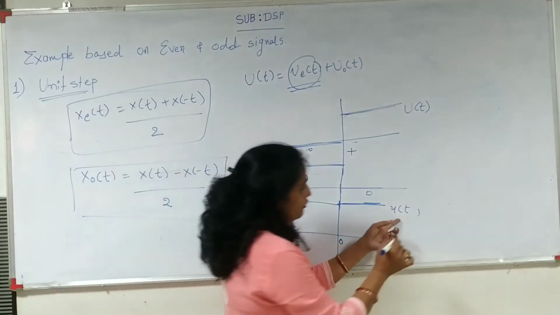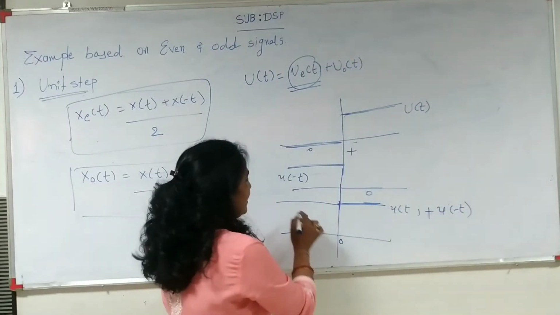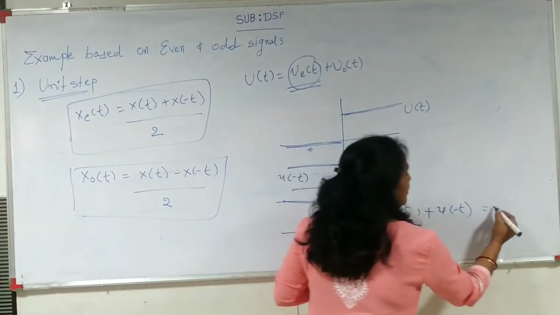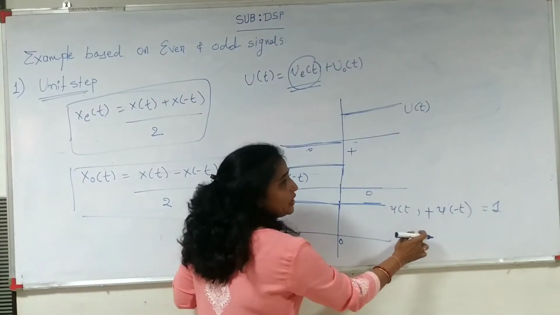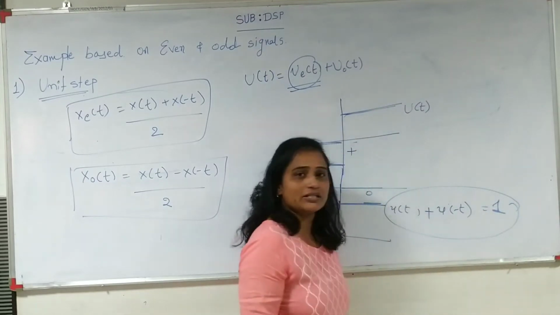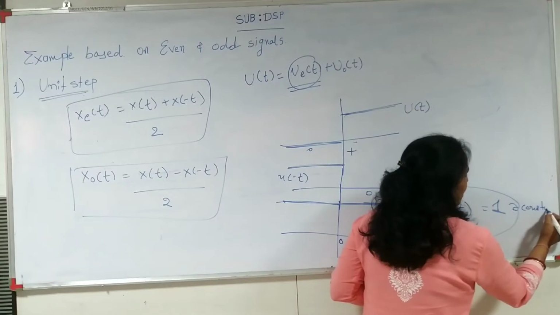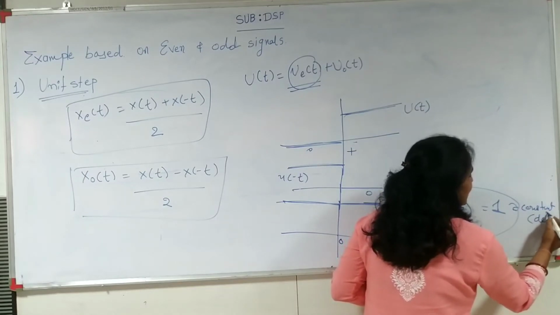So for u of t plus u of minus t, we get the value 1 for all values of t. This is a constant value, that means it is a DC value.